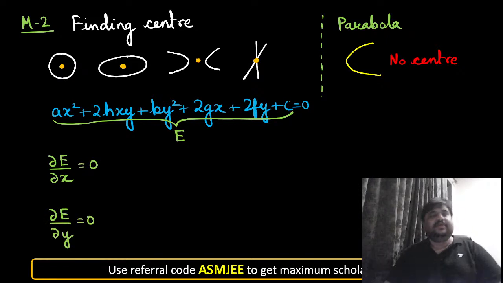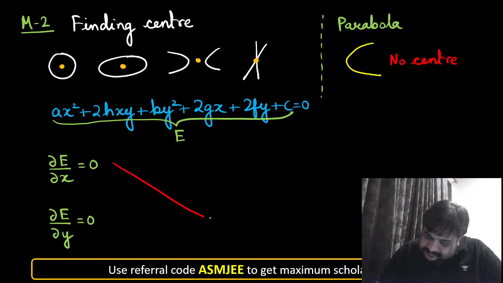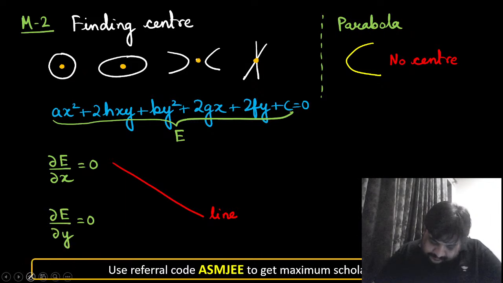The proof we can do in ellipse, some other chapter, not this chapter, because you haven't done ellipse or hyperbola yet. Now, what happens when you apply del E by del X equal to 0? You get a line. And when you apply del E by del Y equal to 0, you get another line. So two lines are obtained.